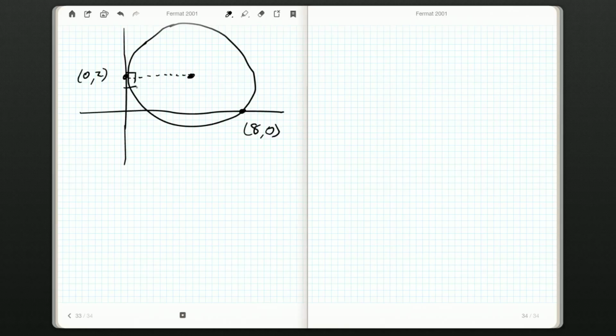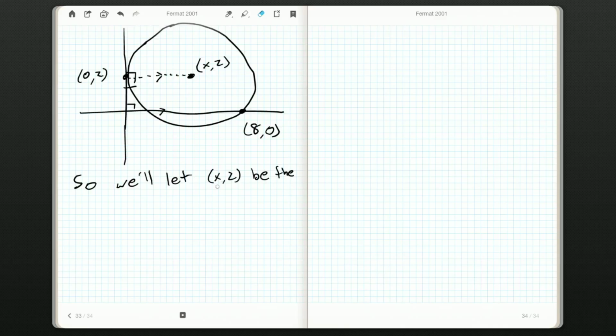Since we have a right angle here, and we have a right angle here between our axes, we can tell that this radius is parallel to the x-axis, which means that this center has coordinates of something, 2. We're going to call that x. In fact, we're not even going to call it x.